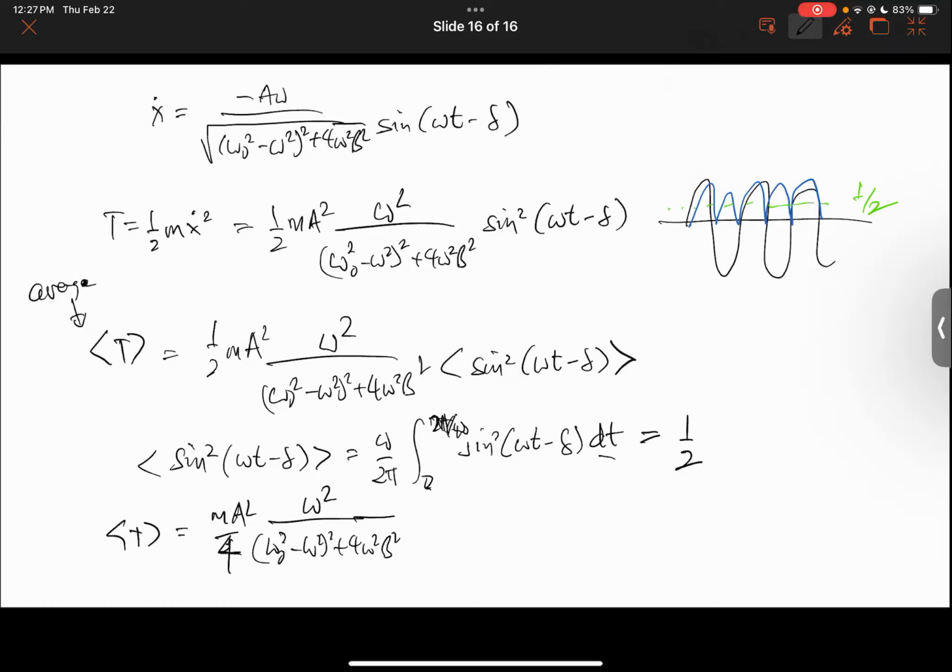Okay, so we have this mathematical treatments of the damped oscillations.